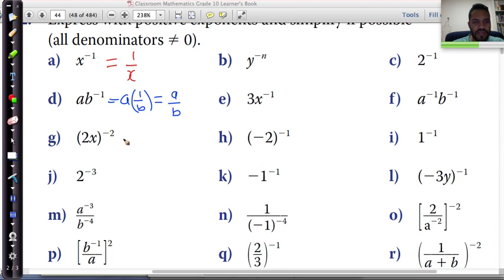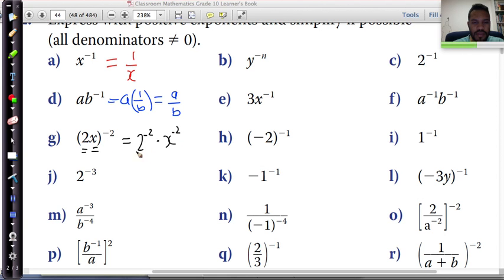Okay, this one over here, I have to raise each of the bases to the negative 2. So it's going to be 2 to the negative 2 multiplied by x to the negative 2. And well, you don't want negative exponents, right?